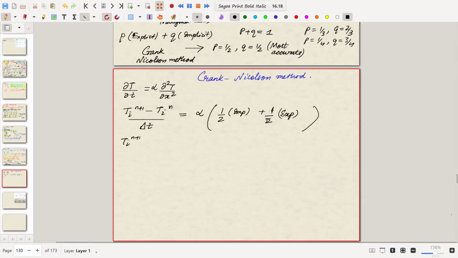So (T_i^(n+1) minus T_i^n) by delta t is equal to alpha by 2. That 2 I can take out as common. Alpha by 2 times, tell me the method for explicit, the first one you learned?